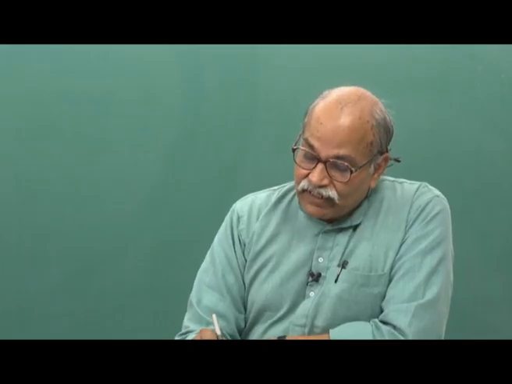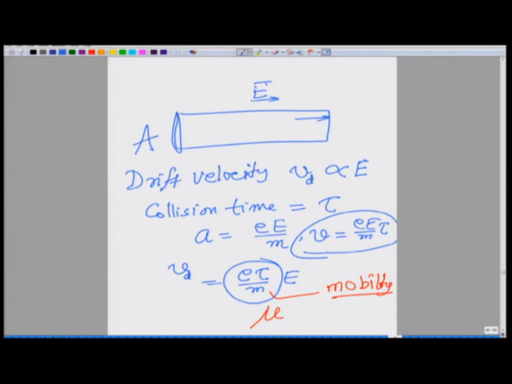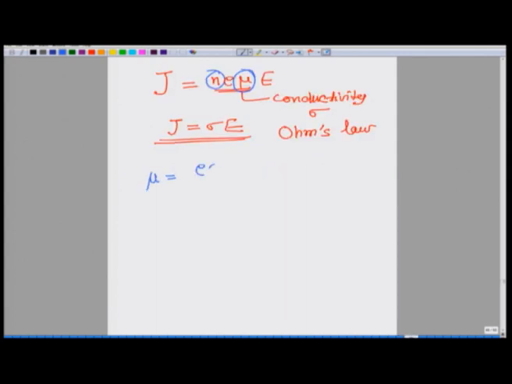So, the current, or conductivity, now depends on the number of charge carriers and also on this mobility. And this mobility mu, as we have done here, is e tau divided by m, where m is the mass. So, this is the mobility.